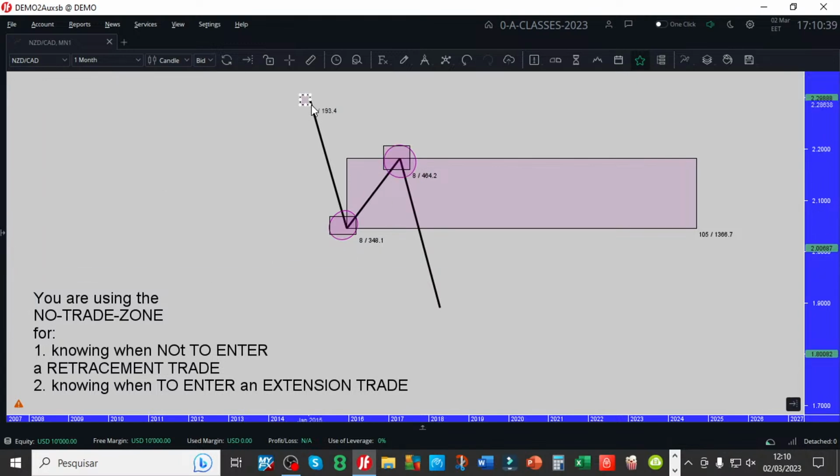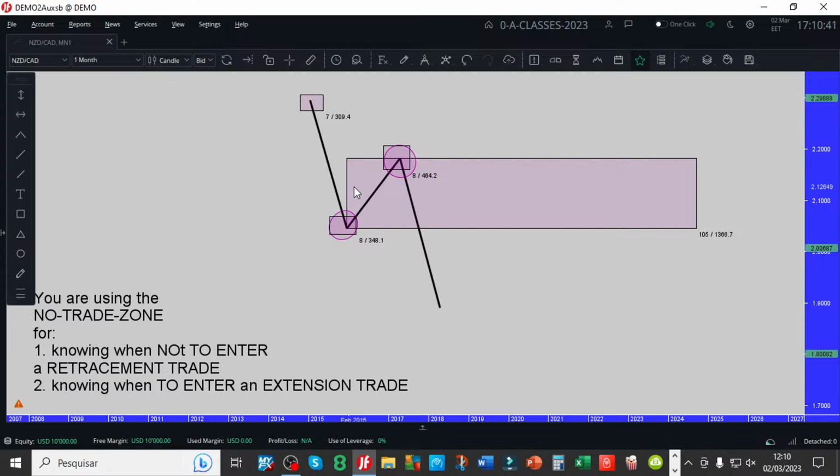Agreed? Okay, now everybody type in the chat, meaning Eurodollar on the weekly chart is no trade zone, boss. Step by step, everybody. So, everybody type in the chat, yes, I know how to identify the no trade zone, or type in the chat, no, I don't know how to define the no trade zone.